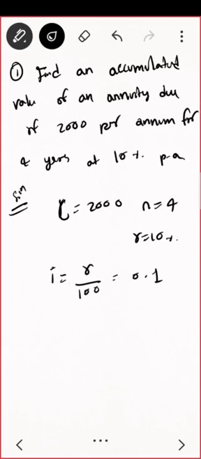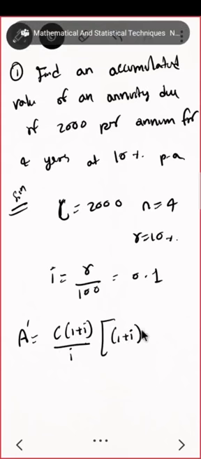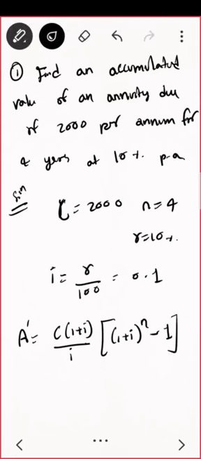Correct. What is the formula for E dash actually? Yeah, very nice. So this is the formula, C into (1+i) upon i, bracket open, (1+i) raised to n minus 1.